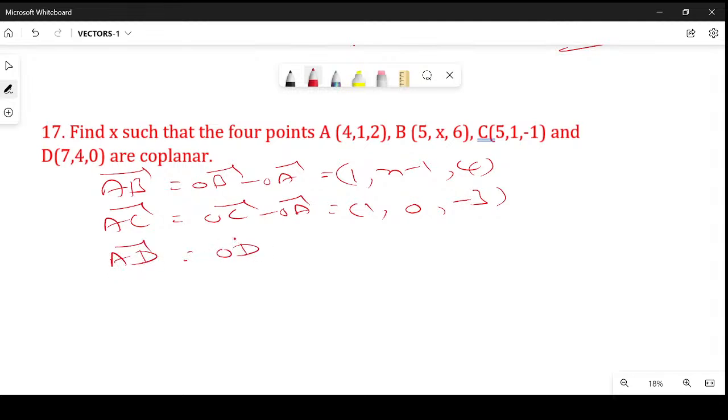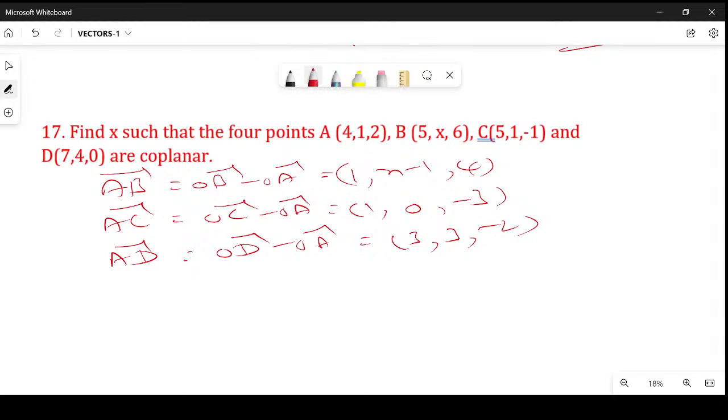OD bar minus OA bar. OD minus OA: 7 minus 4 is 3, 4 minus 1 is 3, and 0 minus 2 is minus 2. So I have written AB bar, AC bar and AD bar.